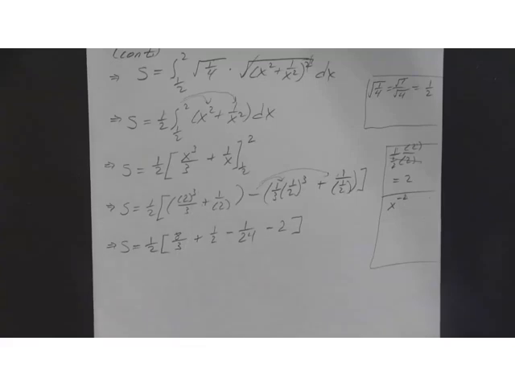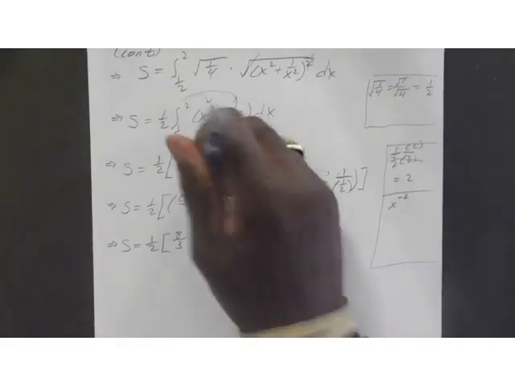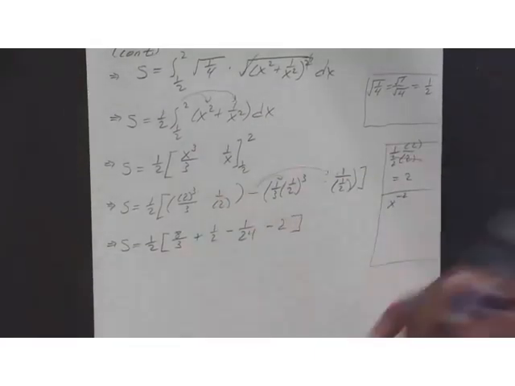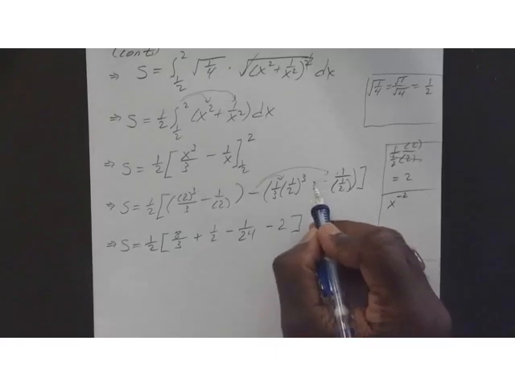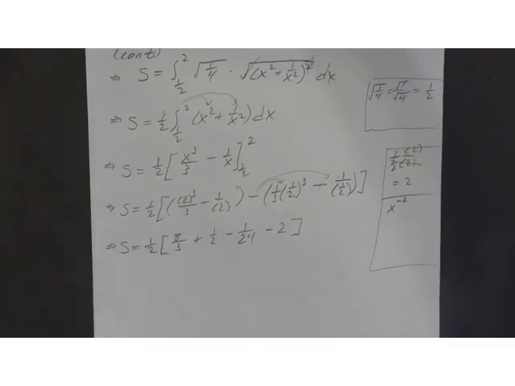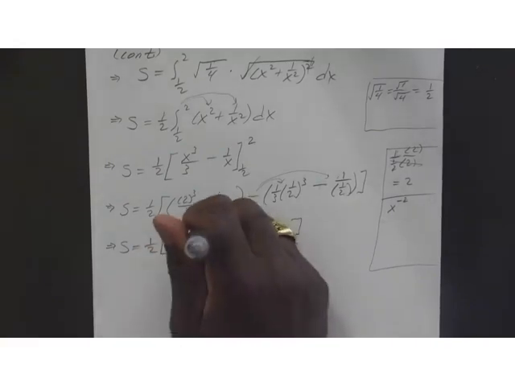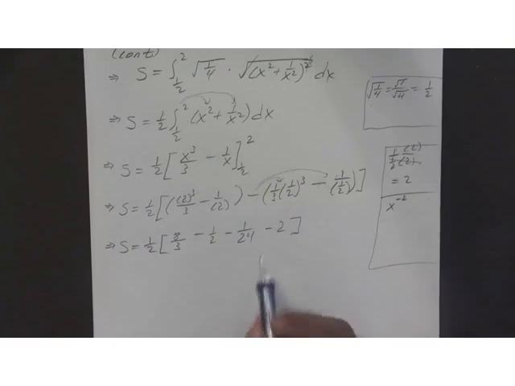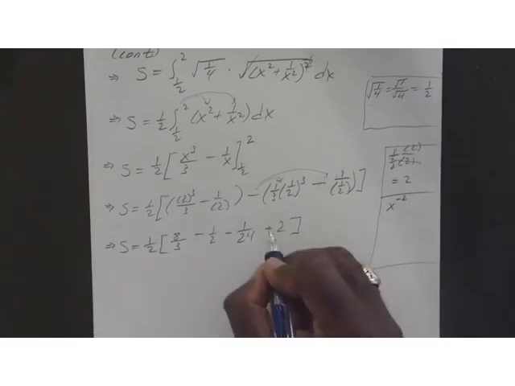So these should be subtraction. I knew it didn't quite look right. And there we go. So those 3 should be subtraction. So this should be subtraction. And if this is subtraction, that means this should be plus. There we go.